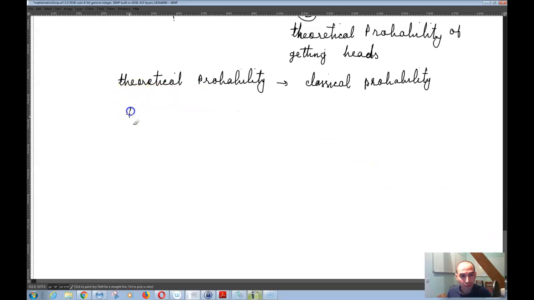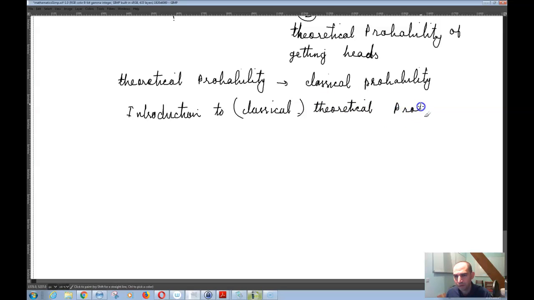We will do an introduction to classical or theoretical probability, and probability of an event, and then discuss simple problems based on this concept.